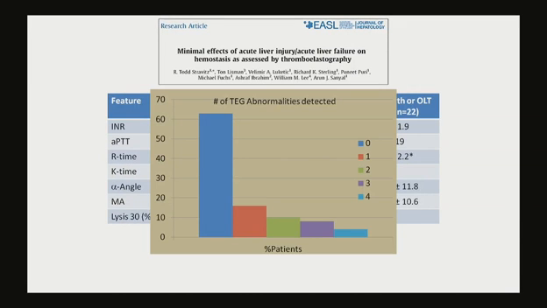By taking this into account, you can decrease the number of patients moved from the floor to the ICU because you're going to have less volume overload and markedly less transfusion-associated lung injury.